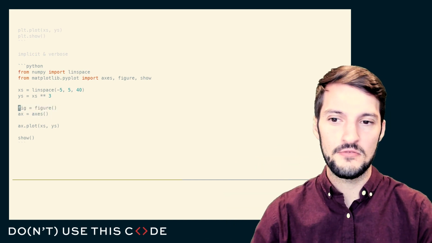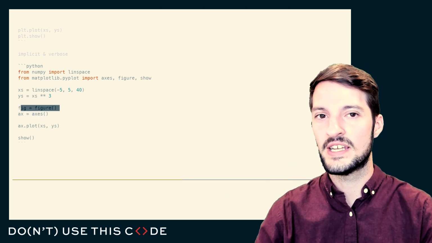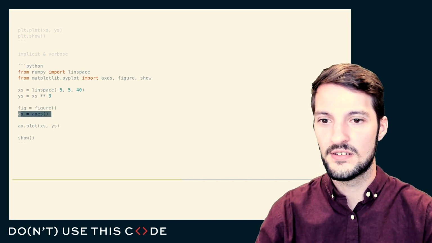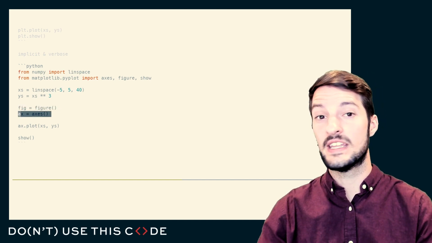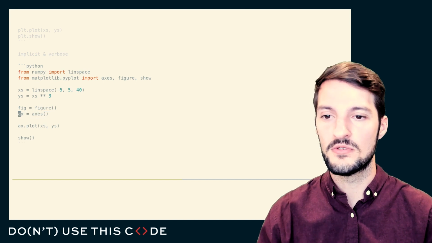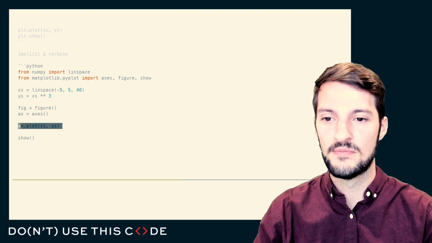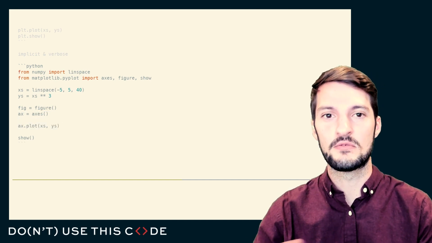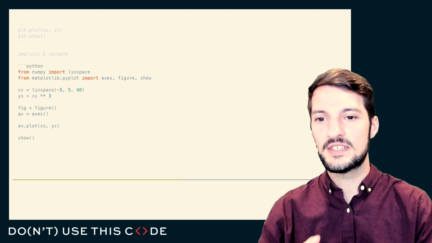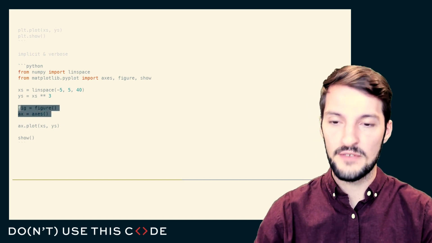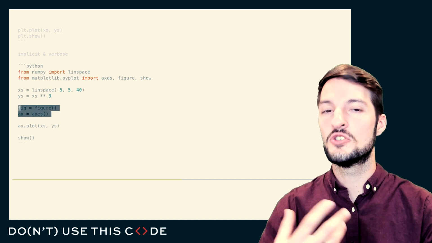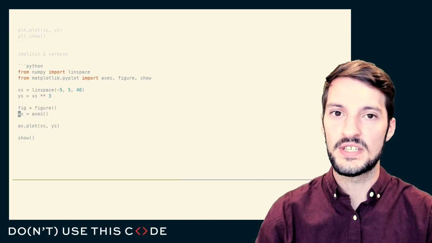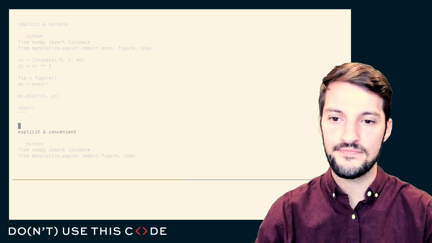So it's implicit, right, because this figure is kind of a global state that we don't directly manipulate. And then we're using that implicit global state, and we're adding a set of axes on it. And then with that axes, this is where we do our actual plotting. So this is an implicit interface because we don't have control, or we're choosing not to control that global state in an explicit manner.